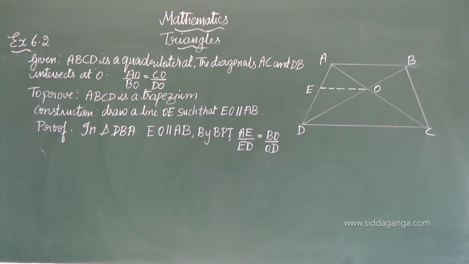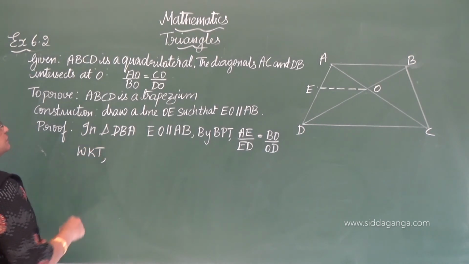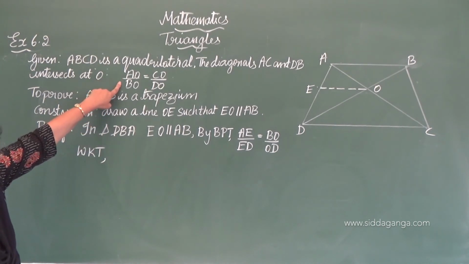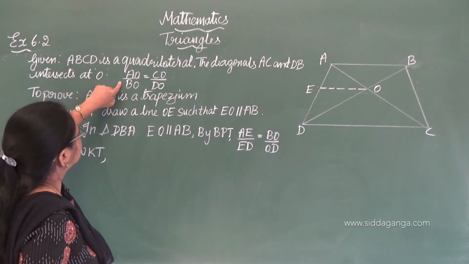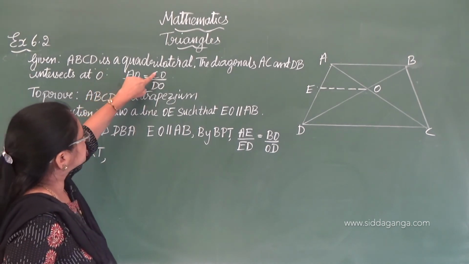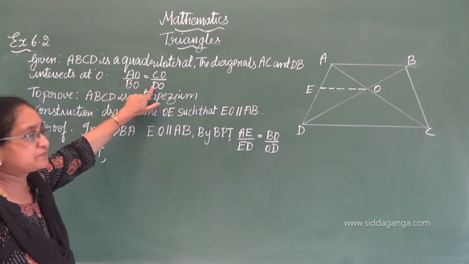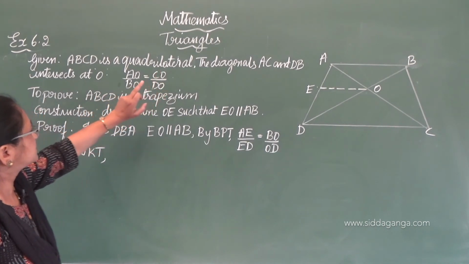Now, but we know that, see, we have already this one. Observe carefully. We have this given: AO by BO is equal to CO by DO. So, I will make a little change here. I will take BO this side.